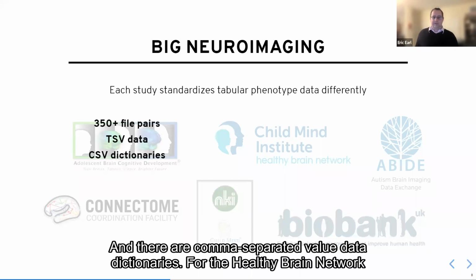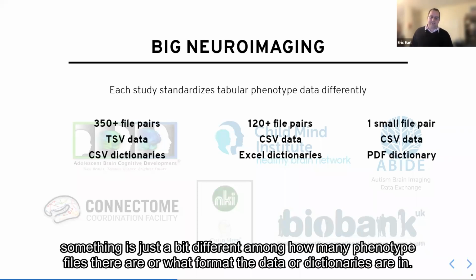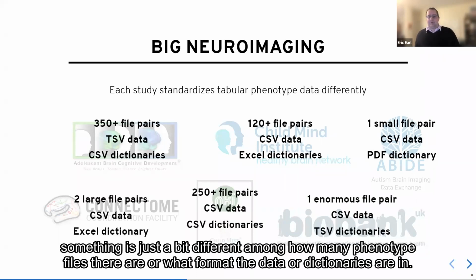For the Healthy Brain Network, there's over 120 pairs of comma separated value phenotype data, and Excel format data dictionaries. For every study, something is just a bit different among how many phenotype files there are, or what format the data or dictionaries are in.